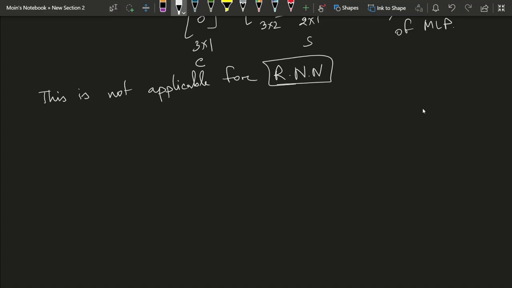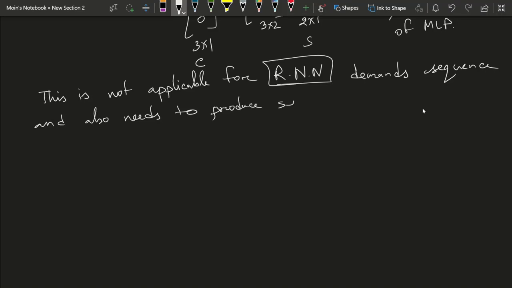Because a recurrent neural network demands a sequence and also needs to produce a sequence as well, or a pattern. So how is the recurrent neural network different from MLP?